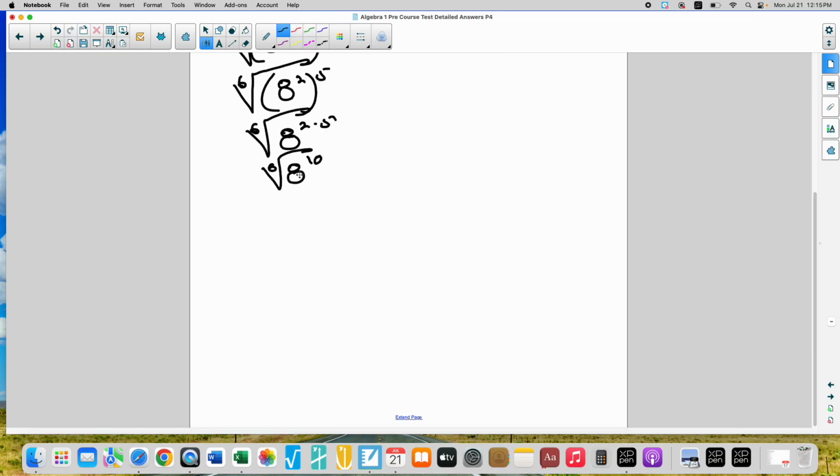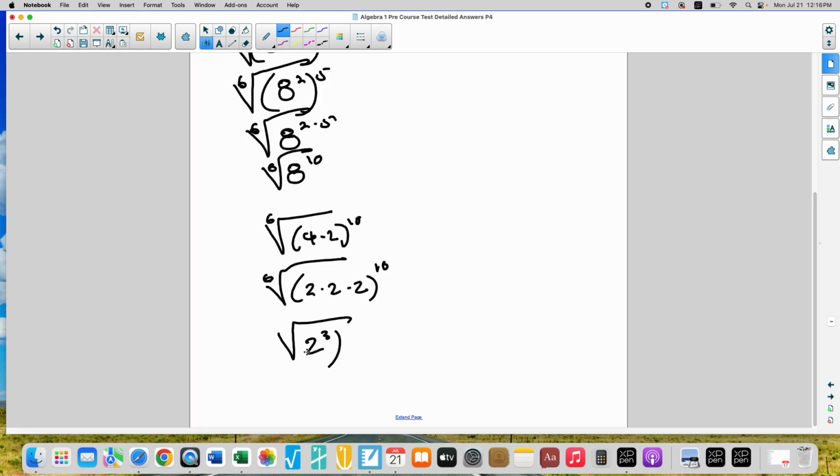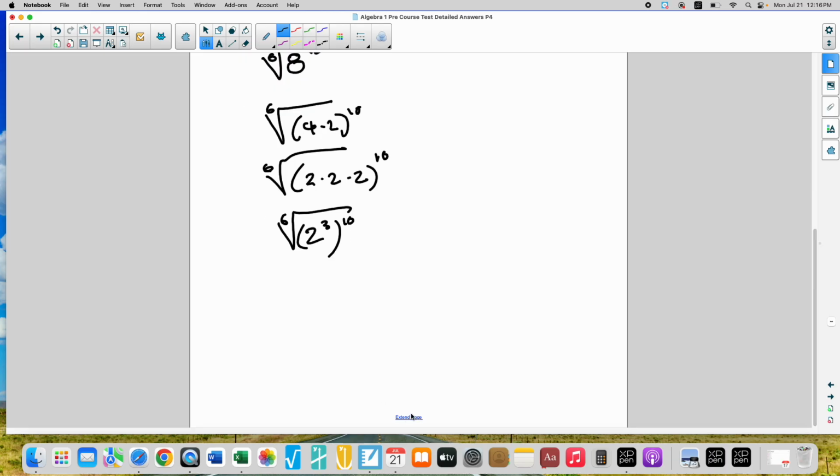Now, 8 is also a unique number. 8 can be written as 4 times 2 to the 10th. And 4 can be written as 2 times 2. So 8 is really 2 times 2 times 2 to the 10th, to the sixth root. And 2 times 2 times 2 can be written as 2 to the third to the 10th. And 2 to the third to the 10th is 2 to the 3 times 10, or 2 to the 30th.